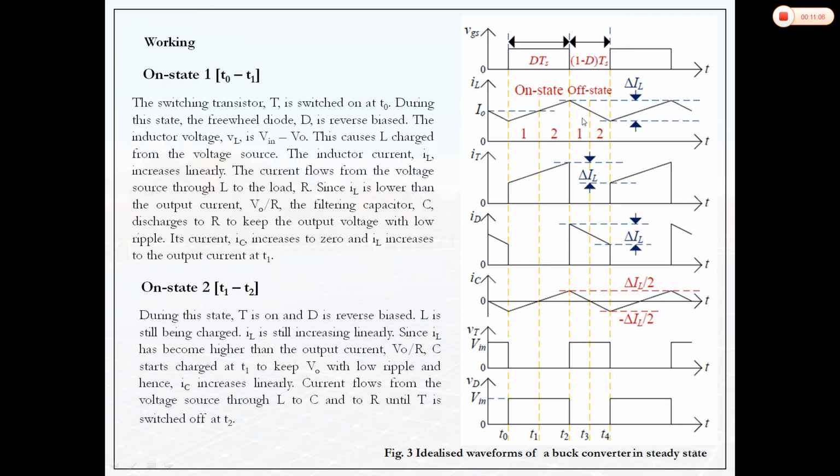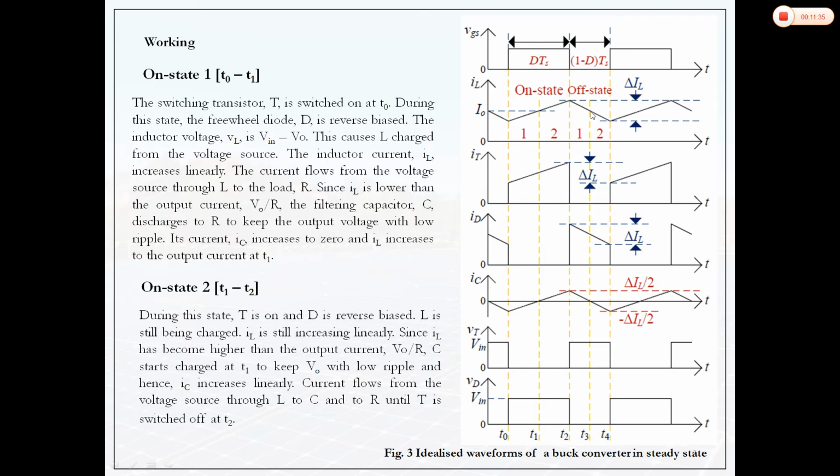Similarly, in the off state we have two off states. In off state 1, you can see IL is more than IO. For example, IL is say 15 ampere and the load is only requiring 10 ampere. So the extra will go to the capacitor. Then at this point of time 14 ampere will flow, then at this time 13 ampere, then here 10 ampere.